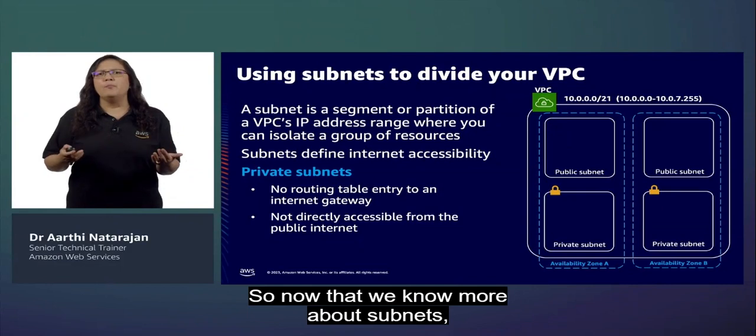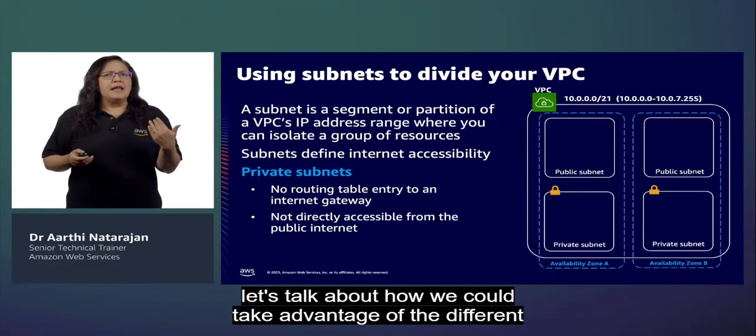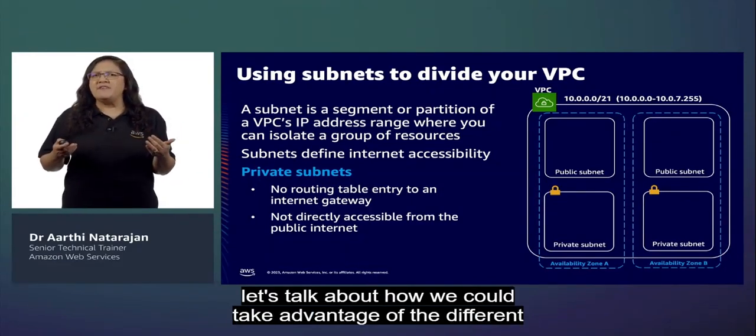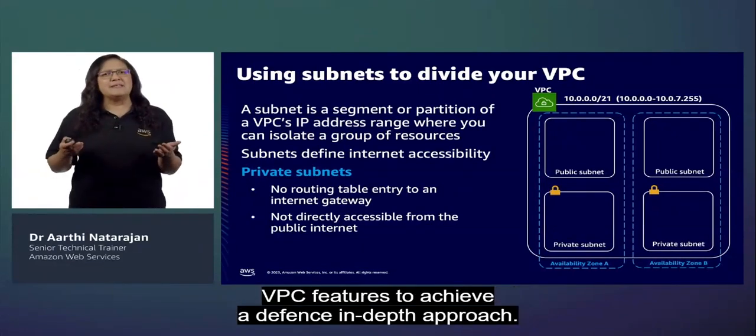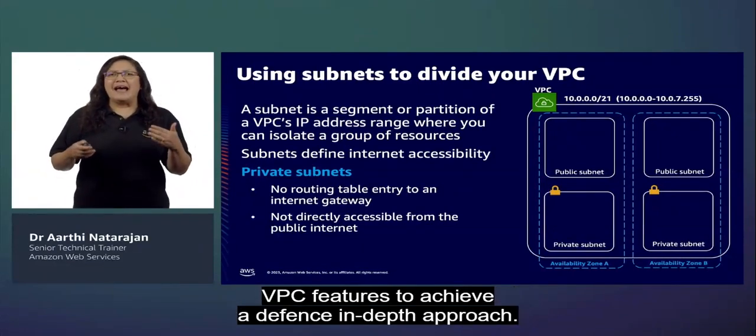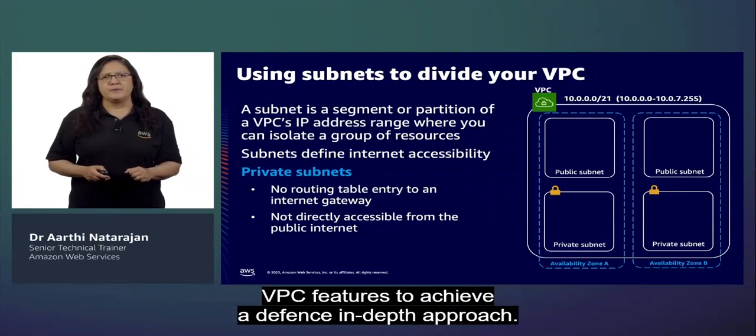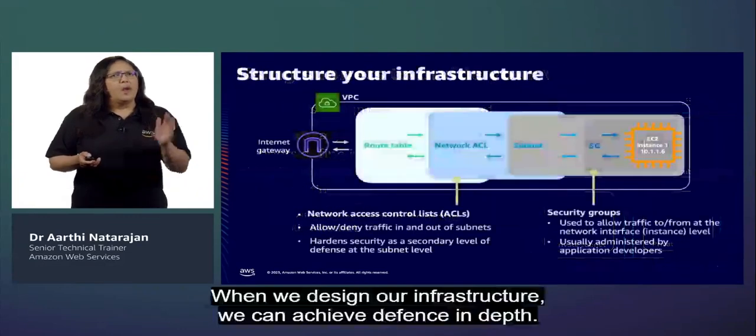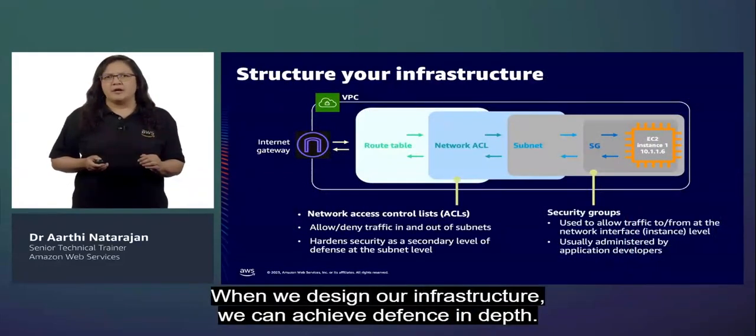So now that we know more about subnets, let's talk about how we can take advantage of the different VPC features to achieve a defense in-depth approach. When we design our infrastructure, we can achieve defense in depth.